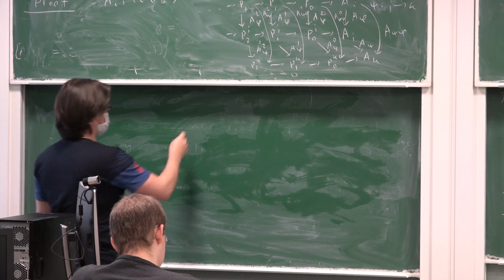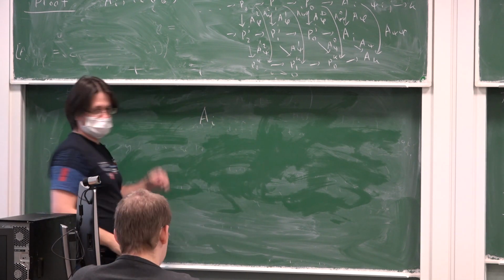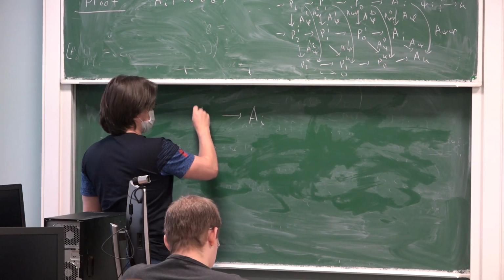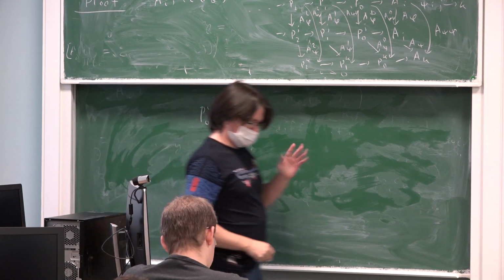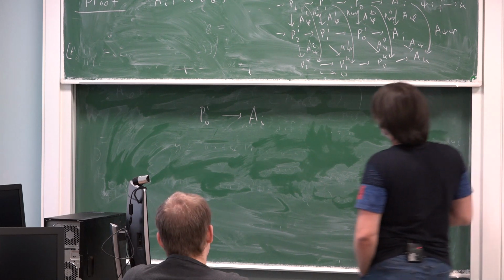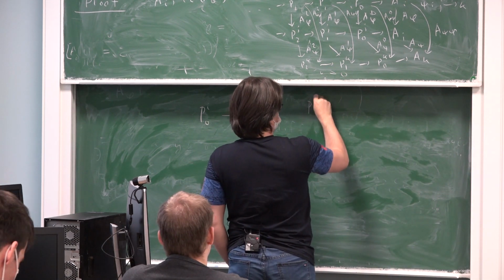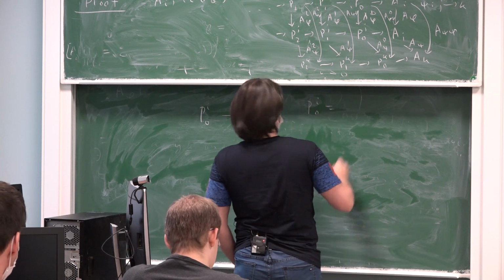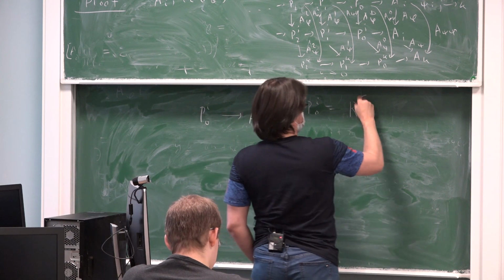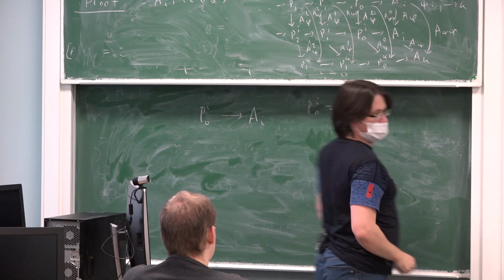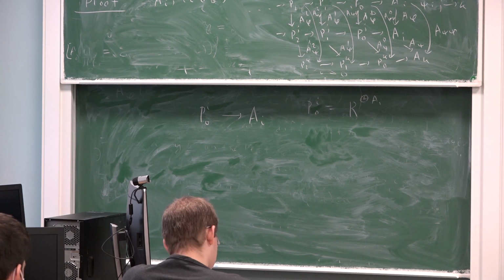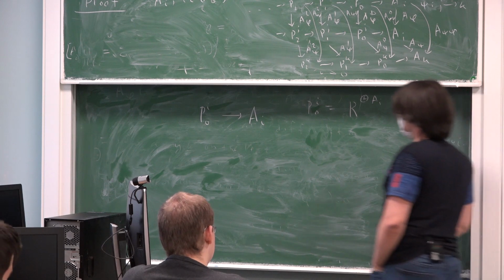So we have, for example, A_I, and we take P0 I, not some arbitrary projective module, but we take P0 I to be a free module on all elements of A_I. Yes.